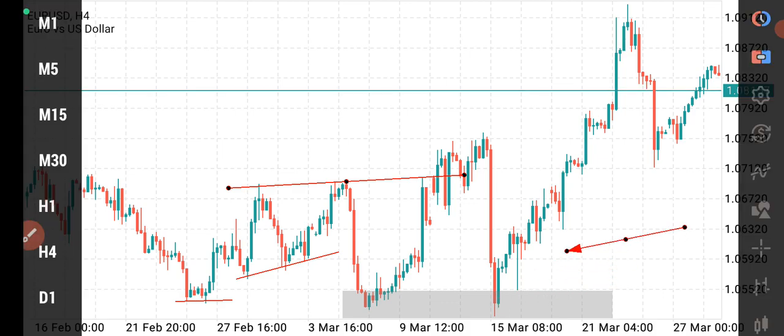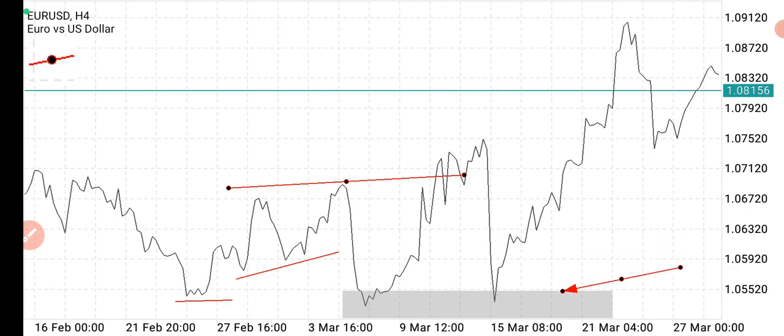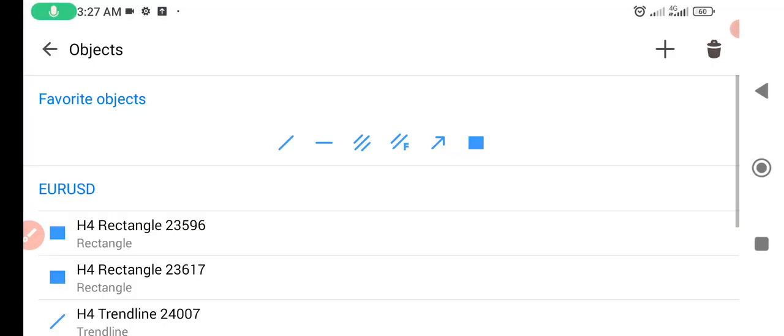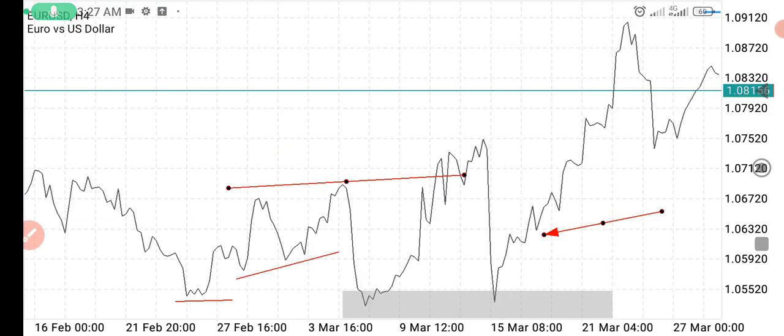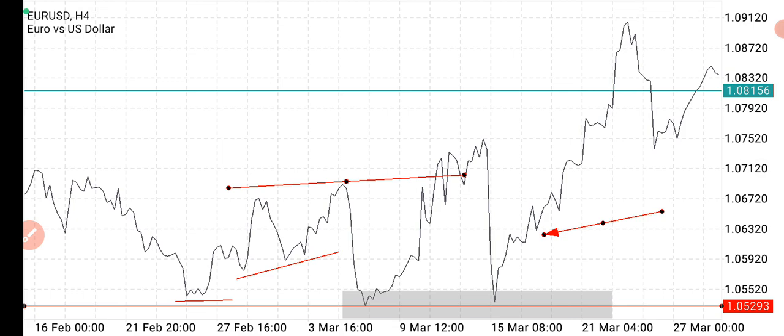So if we use the line chart, you'll see that this body did not close below it. So you see our horizontal line, and then see where the low is. Alright, so it did not close below this previous low.